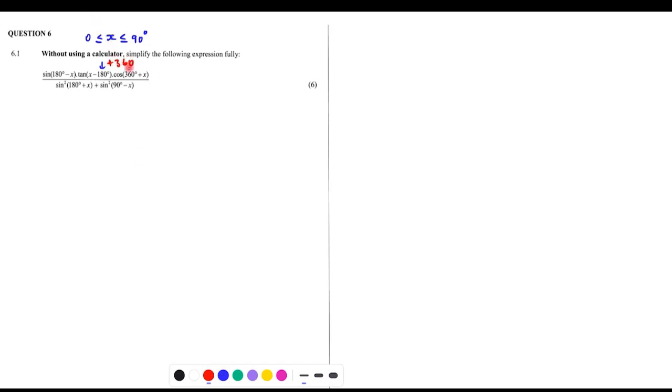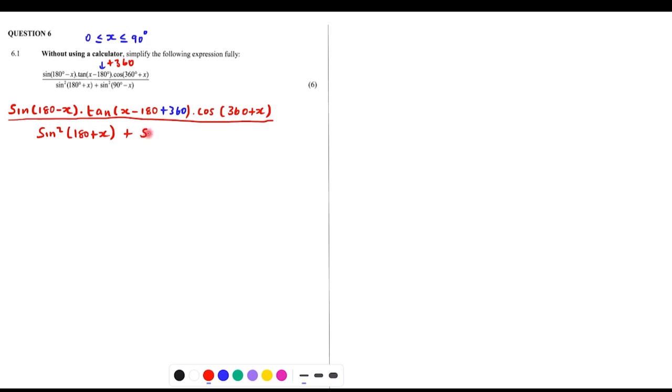I'm going to have my 180 minus x, then on my tan x minus 180, I'll add my 360 like that, and then I'll just keep the others as they are, because when I'm adding that 360, or when I'm starting with the negative angles, I'm going to be forced to end up with only angles that are reductions and angles that have already been reduced. So that's what I'm trying to achieve here, right?